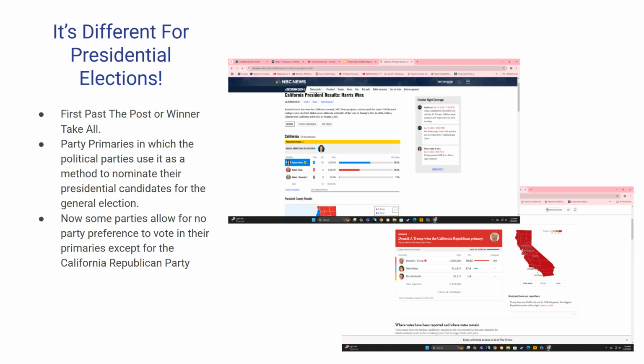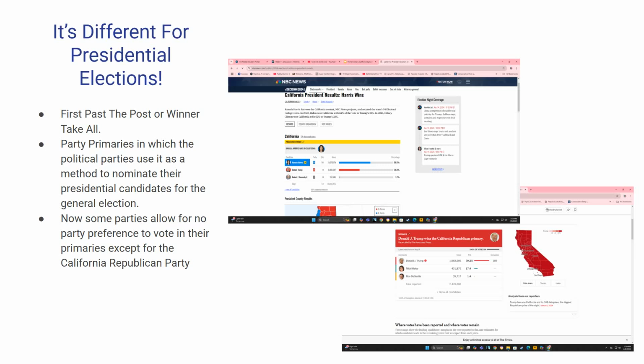But there are some cases where some parties do allow no party preference voters to vote in their primaries. So sometimes the Democratic Party of California will allow no party preference voters, people who are not affiliated with any political party, to be free to vote in the Democratic Party, and political parties do this to essentially broaden their electorate, to broaden their base.